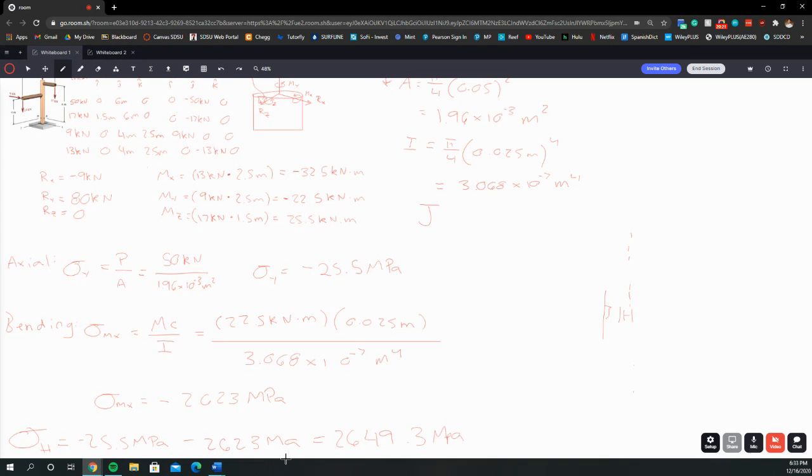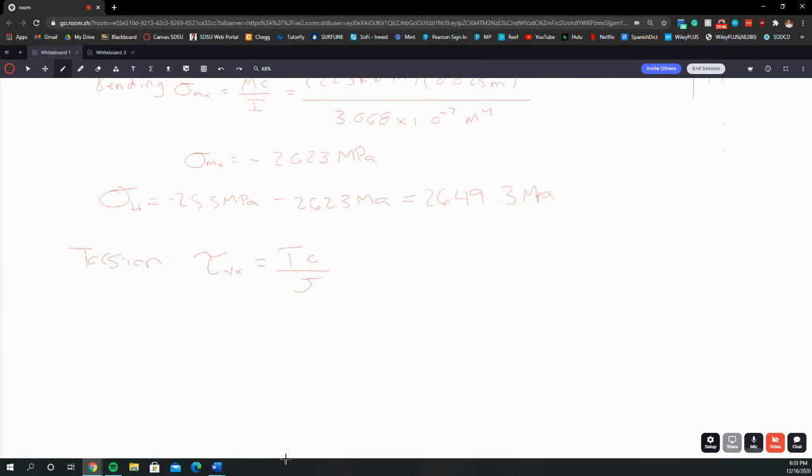So J is equal to pi over 2 times the radius to the fourth. Plug that in, get 6.13 times 10 to the negative 7th meters to the 4th.